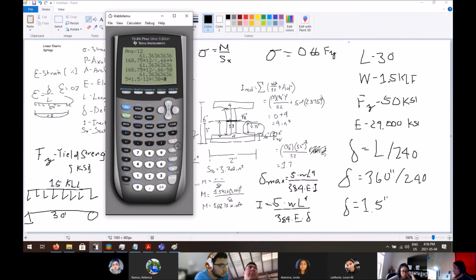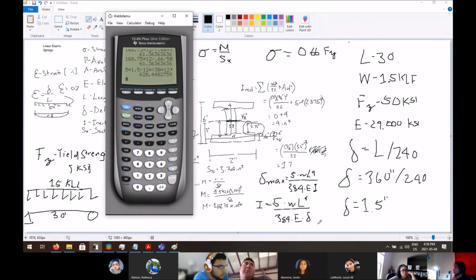We have to multiply that into inches, times 12, and that to the 4th, divided by open parentheses, 384 times 29,000 times 1.5. Hopefully I did this correctly.